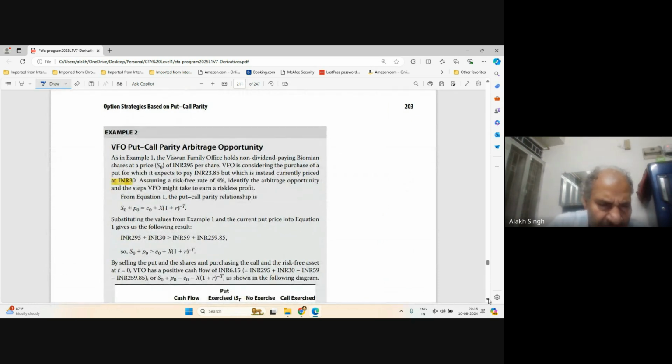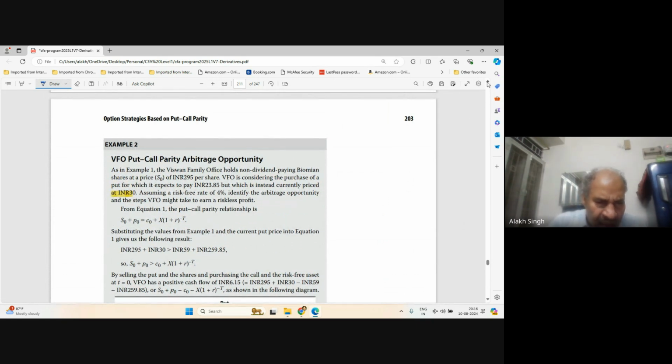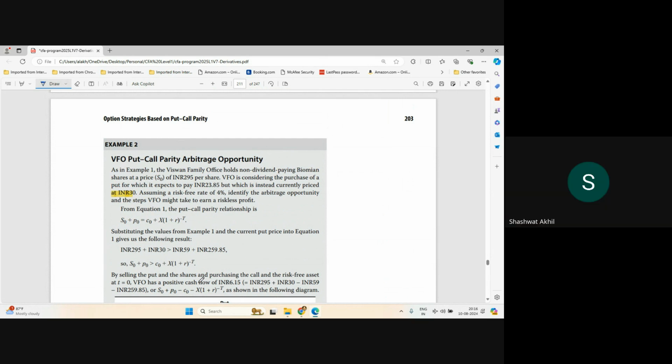Now, arbitrage opportunity. Okay, so Shashwat, you read this question and I will ask you what you will do. As an example, the Viswan family office holds non-dividend paying Biomian shares at a price S0 of INR 295 per share.